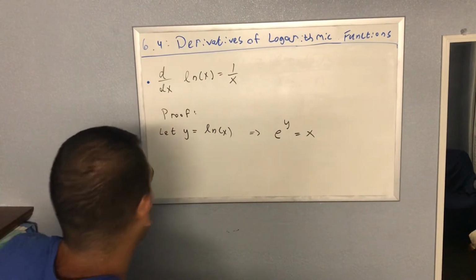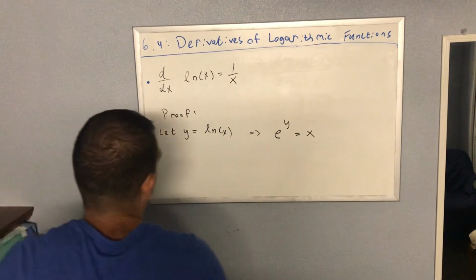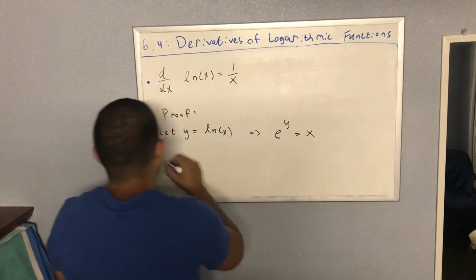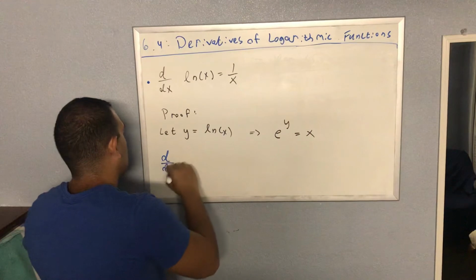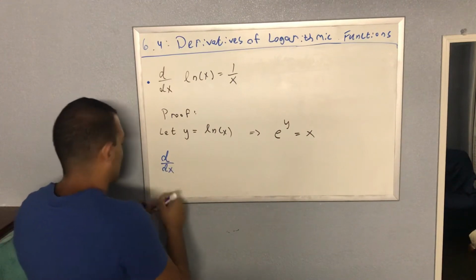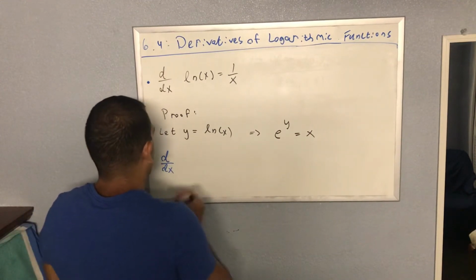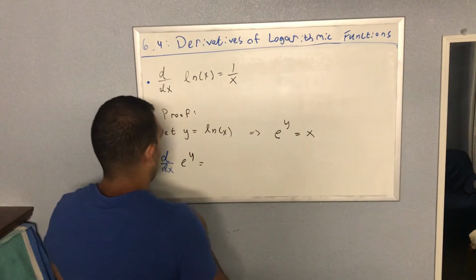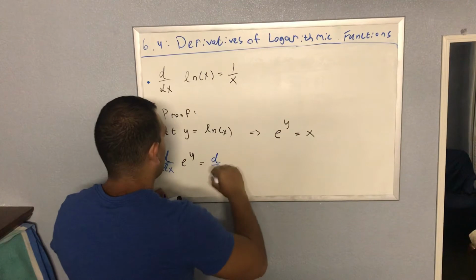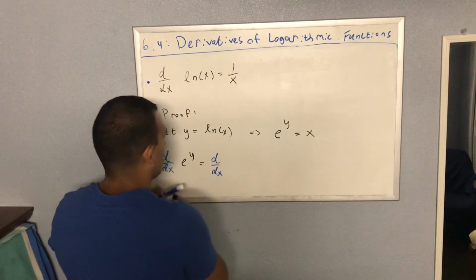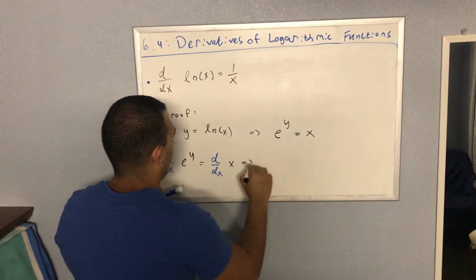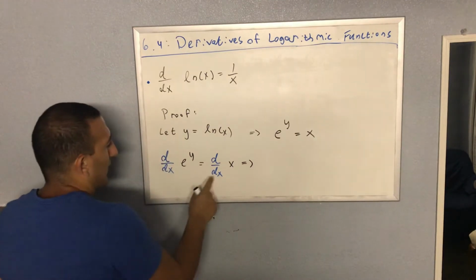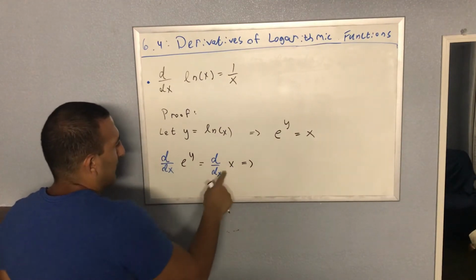Okay, and now let's take the derivative of both sides. If you take d over dx, with respect to x, of e to the y, you have to do it to both sides, so d dx of just x. The right-hand side is pretty easy. What's the derivative of x? It's just 1.